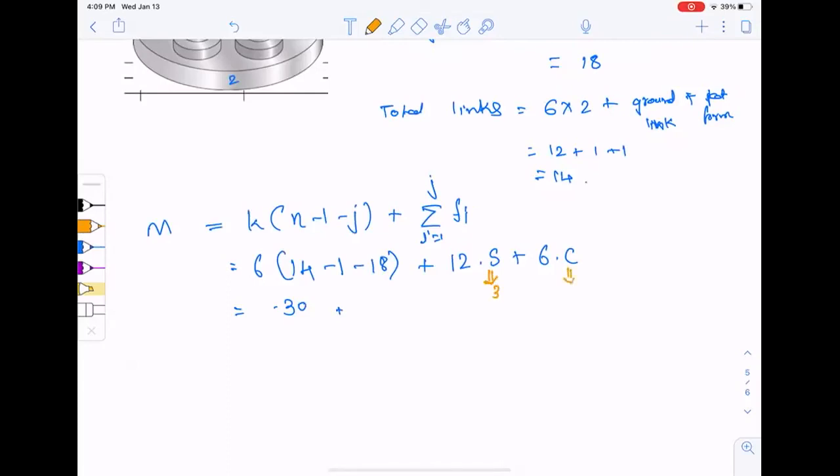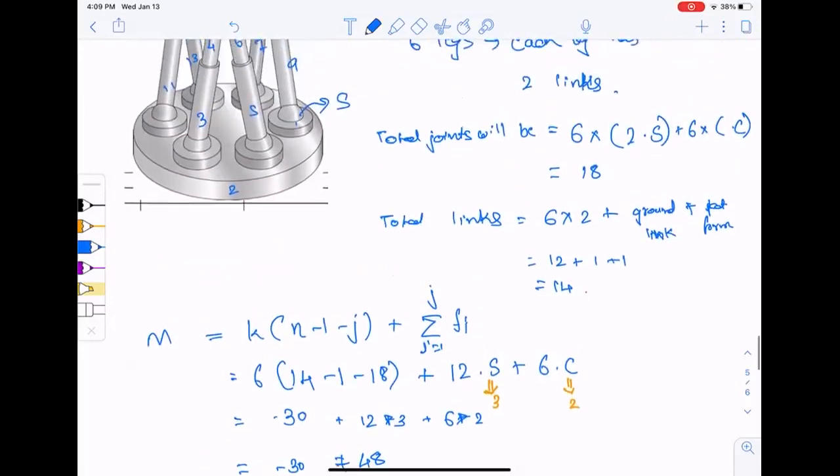Connectivity of cylindrical joint is 2. So 12 into 3 plus 6 into 2. So that is 48 minus 30. So total mobility of this system is 18.